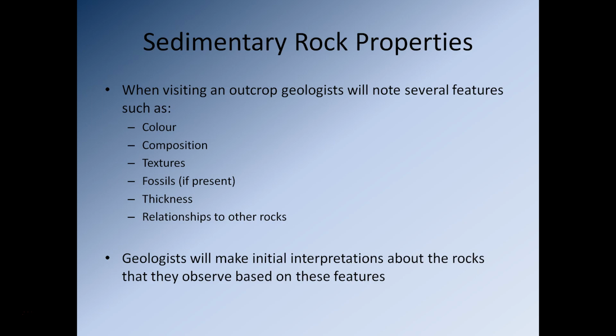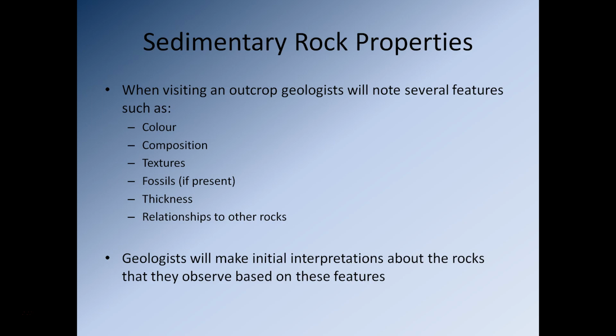When we visit an outcrop of rocks, geologists will note several features. We look at the rock's colour, composition, textures, and fossils, which in a lot of cases help us work out exactly what type of environment the sediment was deposited in. Then we look at the thickness, which tells us about how quickly sediment was being deposited.